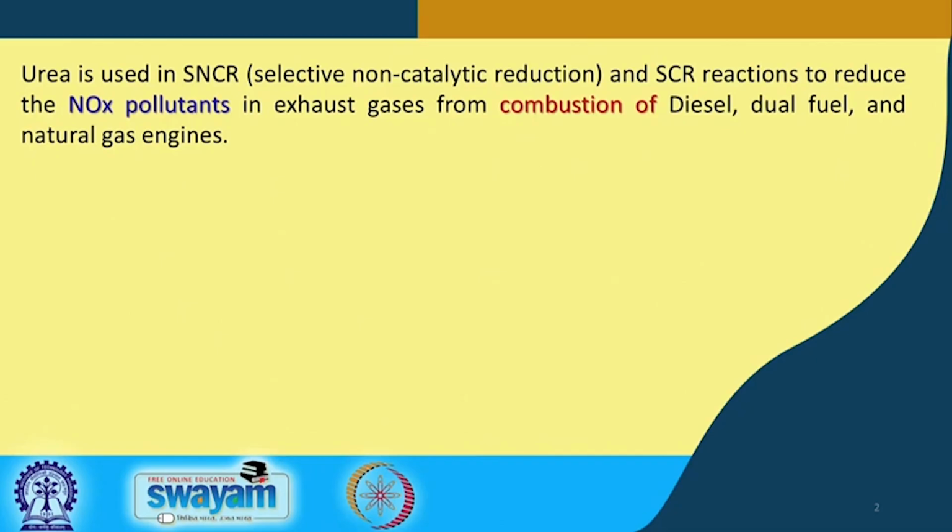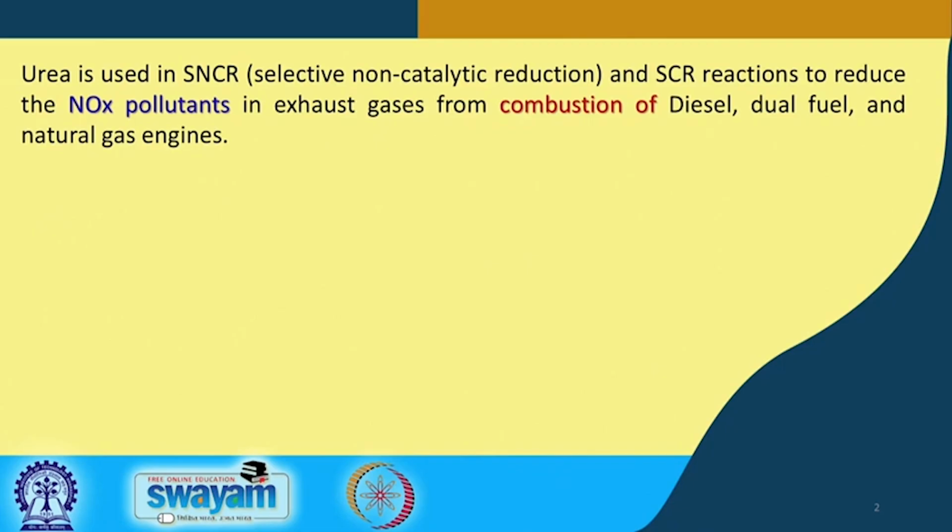So if you have a very cheaply available and suitable reducing agent such as urea, what happens? If you collect those exhaust gases, because of the initial laboratory trial or some bigger scale trial for this reaction, we see whatever amount of NOx was present in the exhaust gases from the combustion of diesel, dual fuel or natural gas engines.